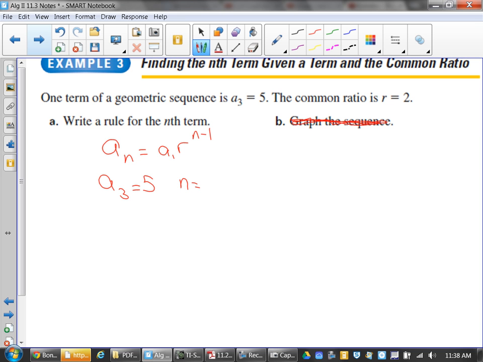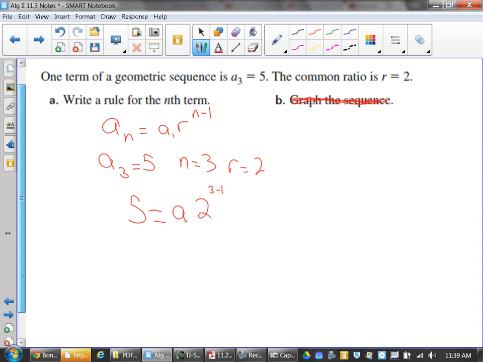Yep. That gives me a rate of 2. Do I have enough information now to solve for my first term? Yeah. Substitute in. 5 equals first term times 2 to the n minus 1, 3 minus 1. 3 minus 1 is 2.